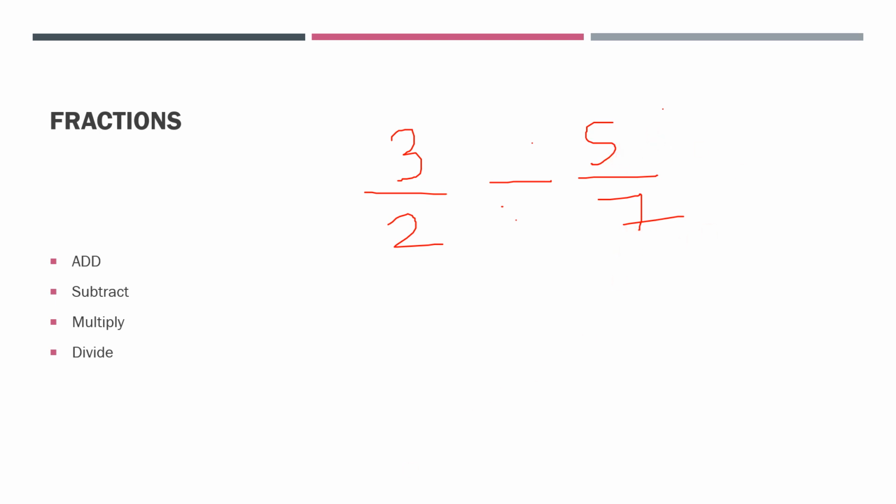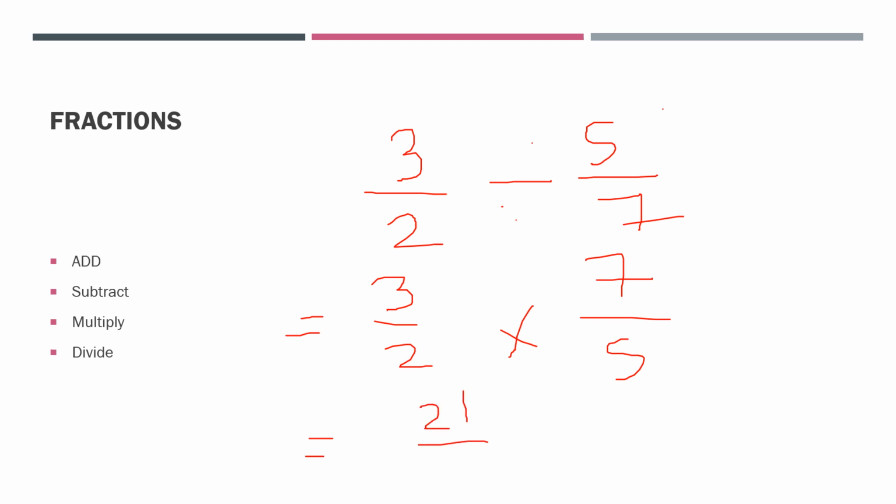So we keep 3 over 2 the same, and when we change this division to multiplication, 7 is going to be at the top, and 5 is going to go at the bottom. And then we say 7 multiplied by 3, which is 21, and also 2 multiplied by 5, which is 10.